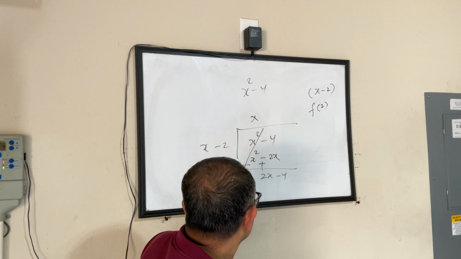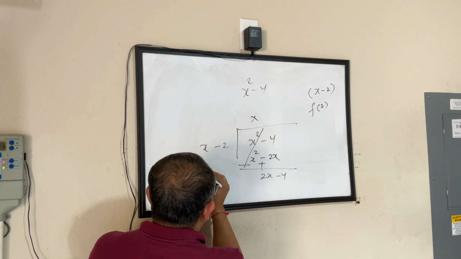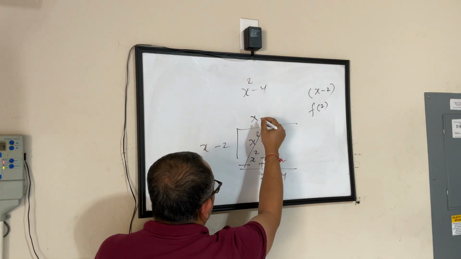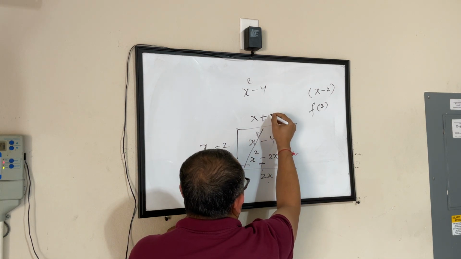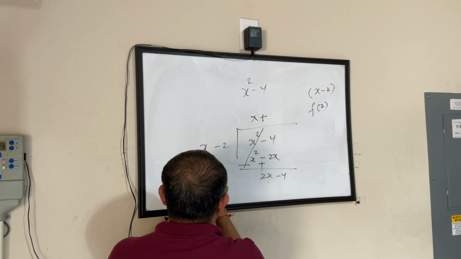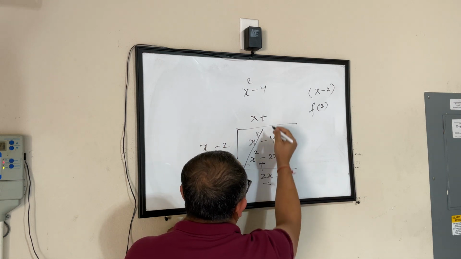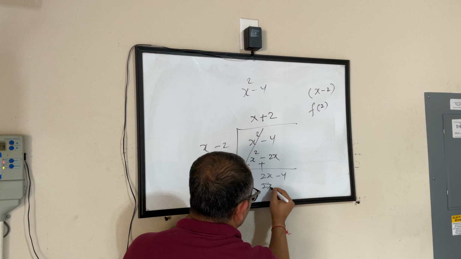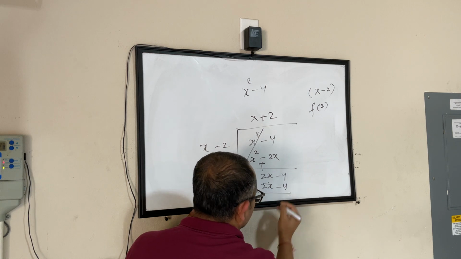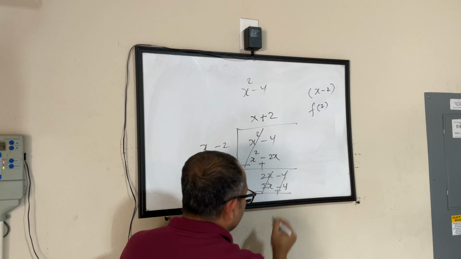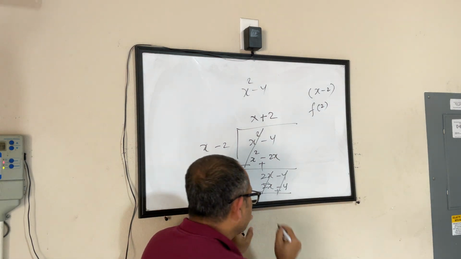Now we know that I can do it with x minus 2. If I multiply this by 2, then I get 2x minus 4. This becomes minus, this becomes plus. Did I get a remainder? Nothing. I got a 0 remainder.